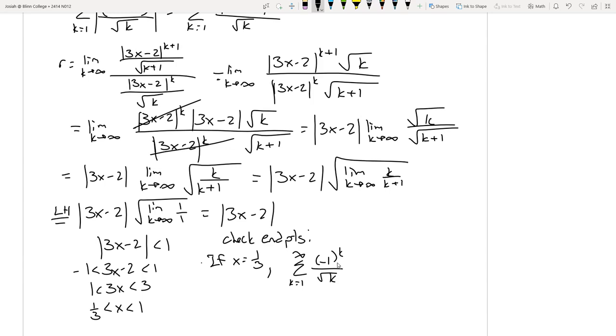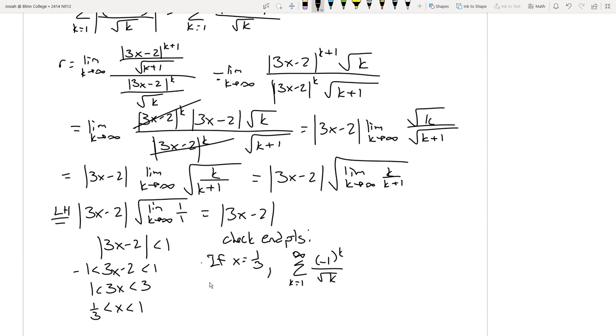And so we have to figure out then, what exactly does this do? Right, this is an alternating series. And in fact, it's one that we saw in the alternating series section, we actually used this exact one before.